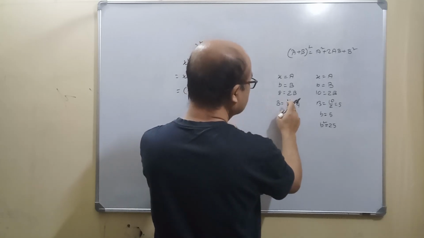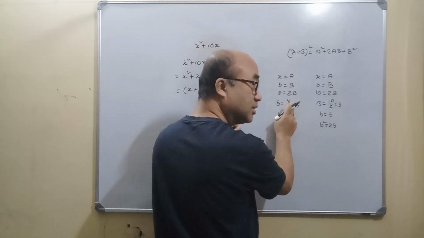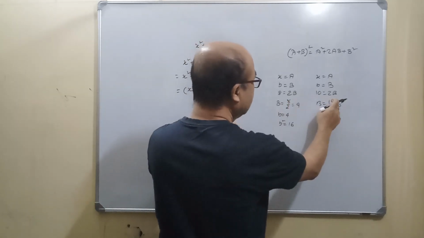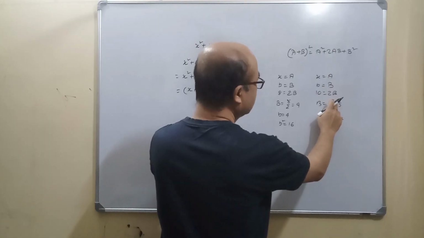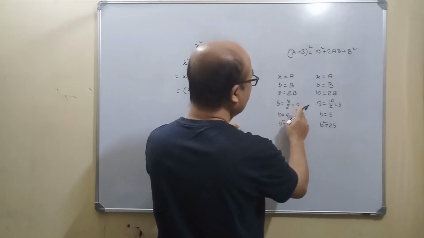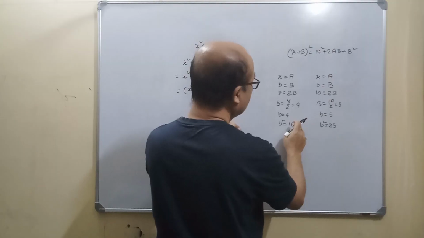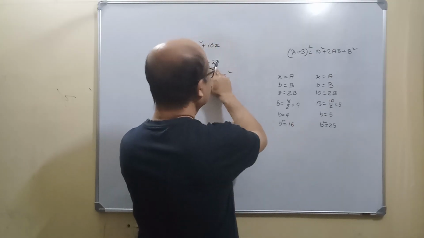In the previous example also we divided the coefficient. This was the coefficient of x, and in this example also the coefficient is 10. Dividing the coefficient by 2, we get the base value which should be squared to get the term that should be added.